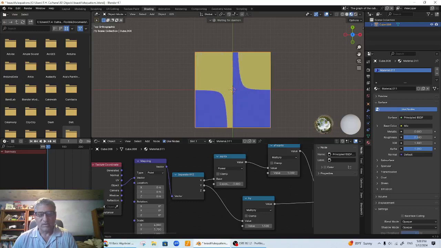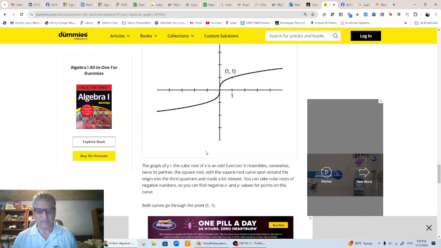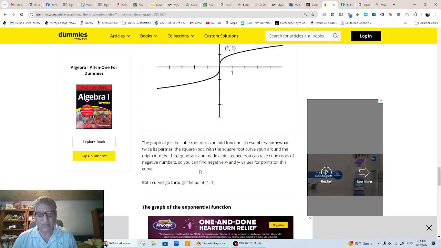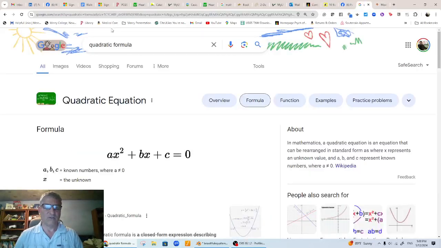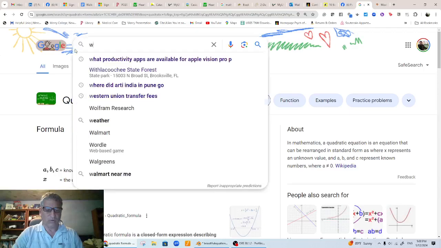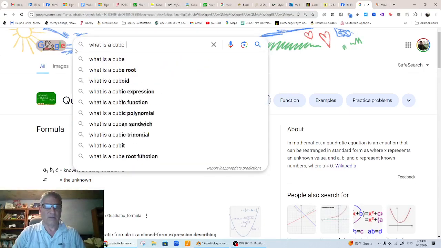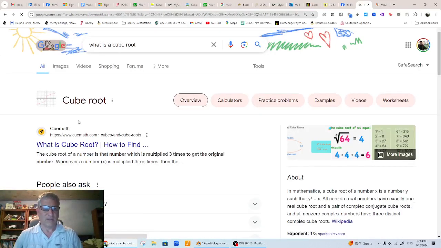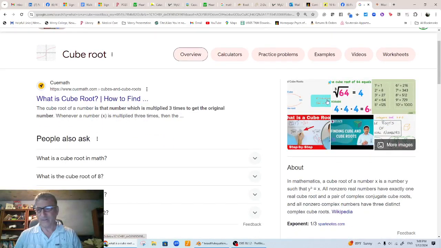All right, so what is a cube root? It doesn't even give a formula. Look at that, it doesn't give you a cube root. What is a cube root? Yeah, I know, it's that little square root sign with a little 3 on it. What is it in math?